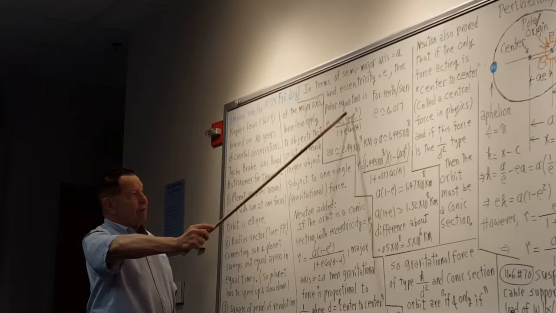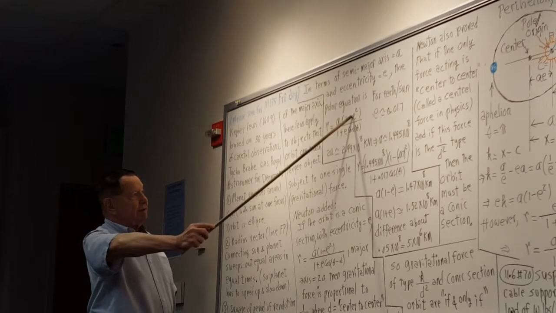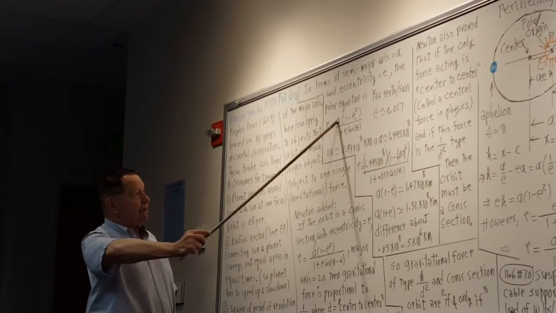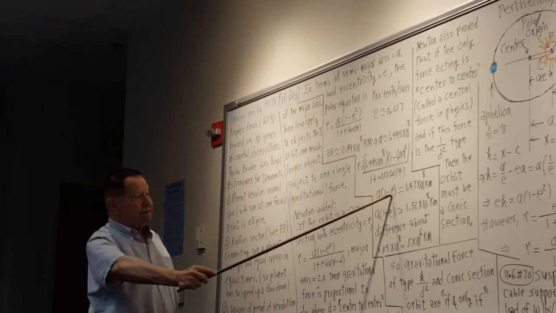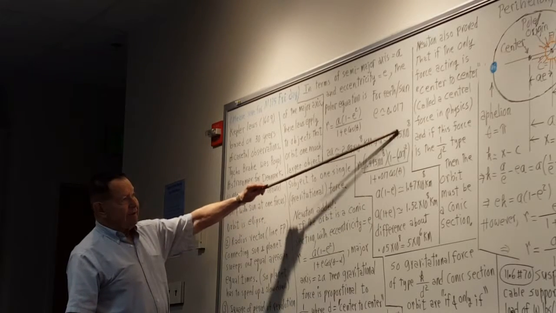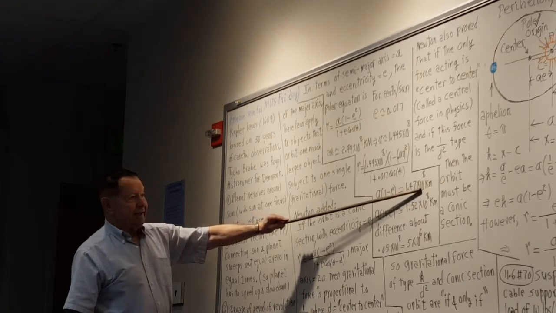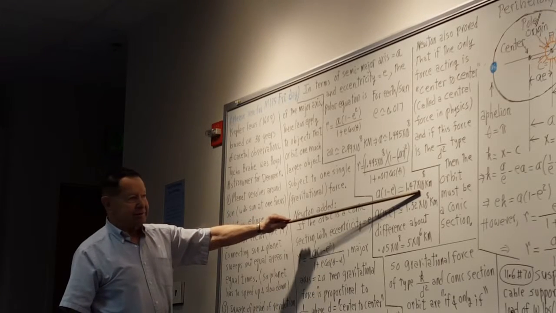This is 1 minus E times 1 plus E. You cancel the 1 plus E and it leaves you the A times 1 minus E. And if you take this A value and this E value, you get this many kilometers.